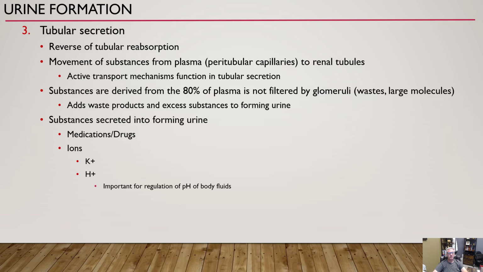Now we also have tubular secretion. Tubular secretion is just the opposite of reabsorption. It's where we take things from the plasma or the peritubular capillaries and we bring them back into the renal tubules. And typically these are going to be active transport mechanisms. So it requires ATP.